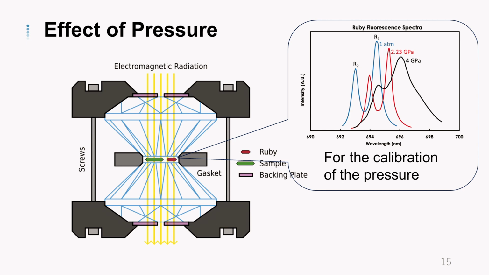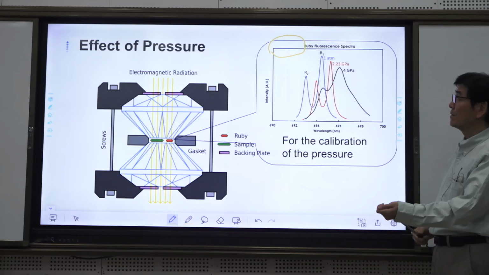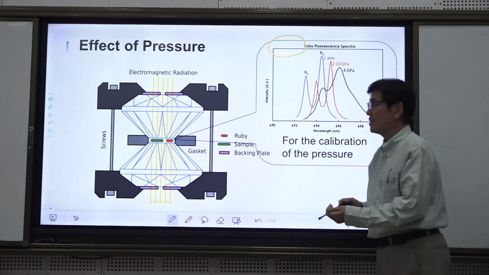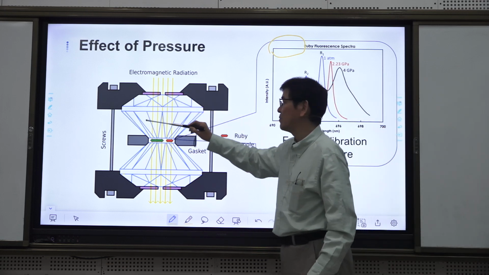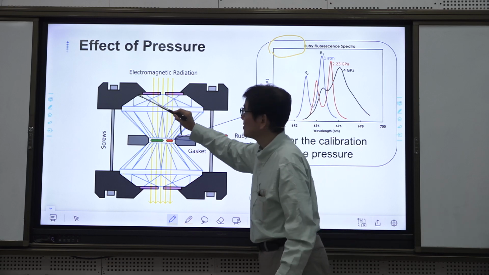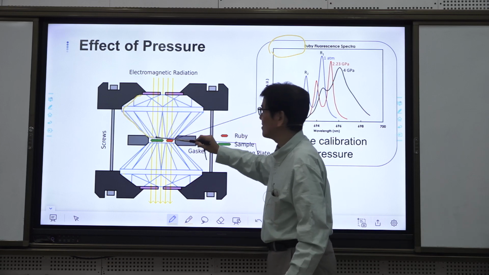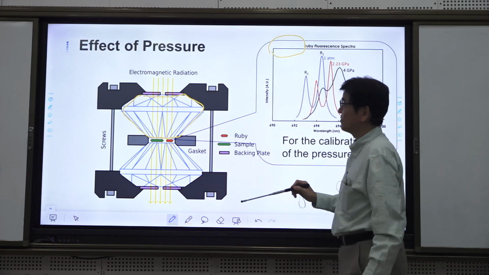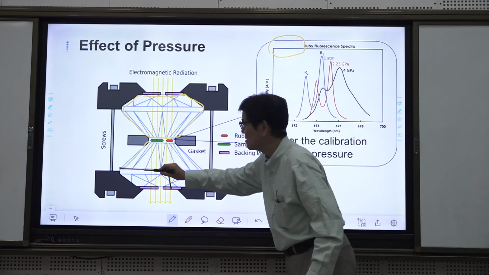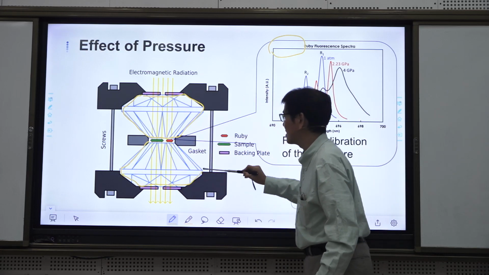One more experiment may be the pressure effect. In this case, they use a special cell, the so-called diamond anvil cell. You know, diamond is expensive, but they use diamond because it's hard enough. Two pieces, so the price is twice as expensive.